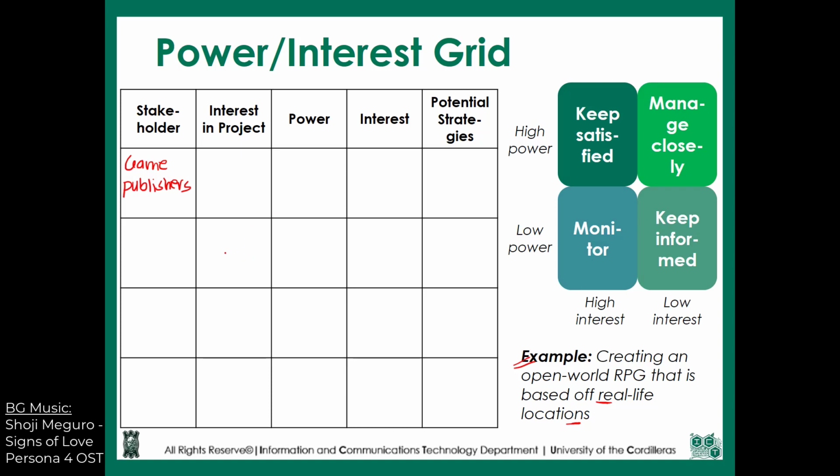Next, JRPGs tend to have a style wherein they use an anime opening, or animated cutscenes. With that, we'll probably need an animation studio. So we can add those.